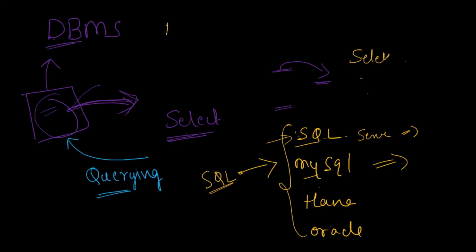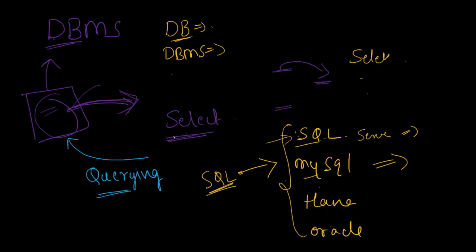Just to summarize, we understood database. Database is a place where we store the data and retrieve the data from. And then DBMS will take care of how the data is being stored inside the database. Almost all the databases can understand a query language called SQL.